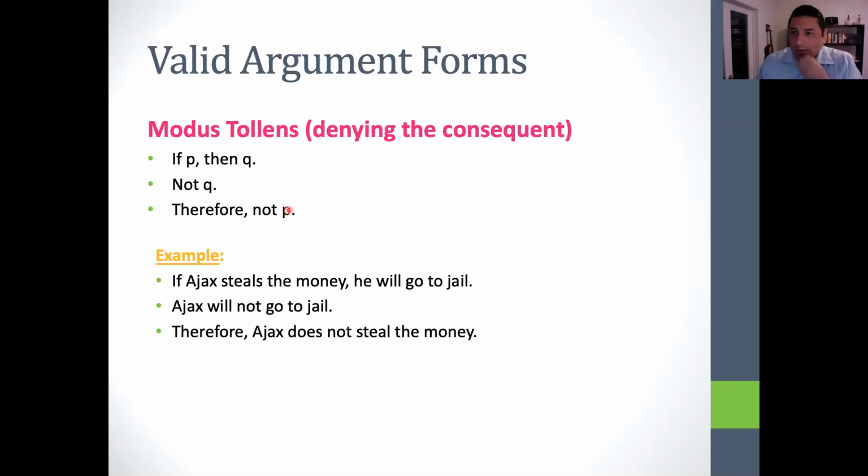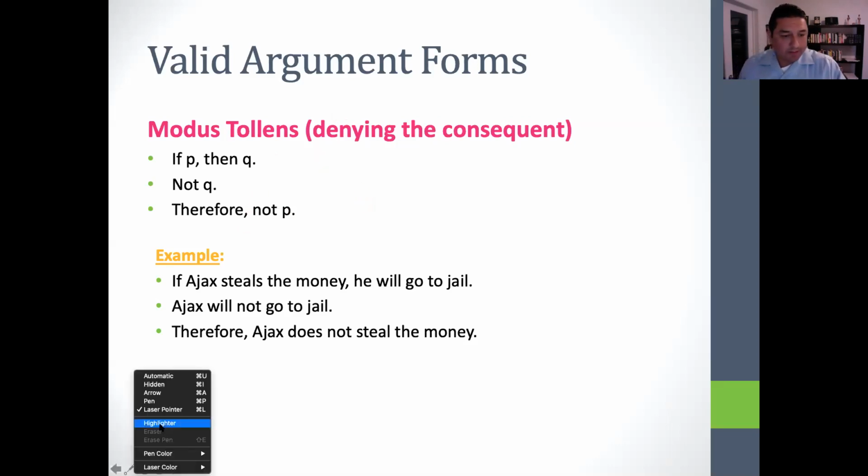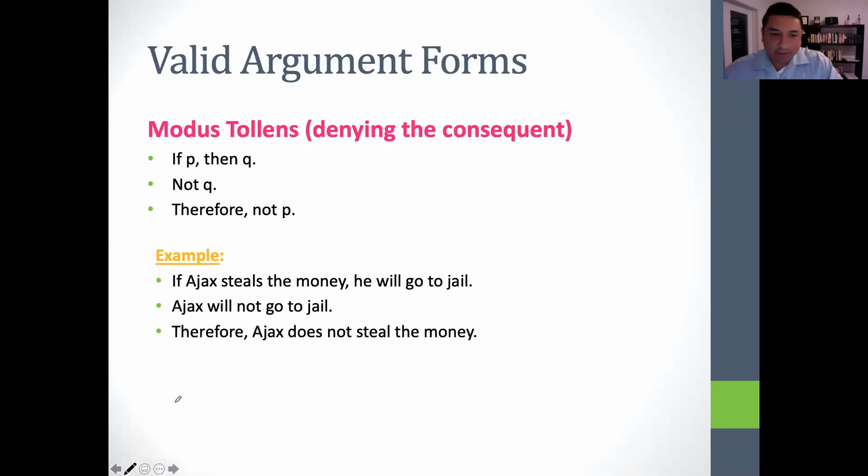Now it's very important that you get these nots straight, okay, and that you're actually doing what is described here, denying the consequent. If you were to actually put a Q here instead, let me show you an example of what a fallacy would look like. This is actually another form that we're going to discuss here in just a second.